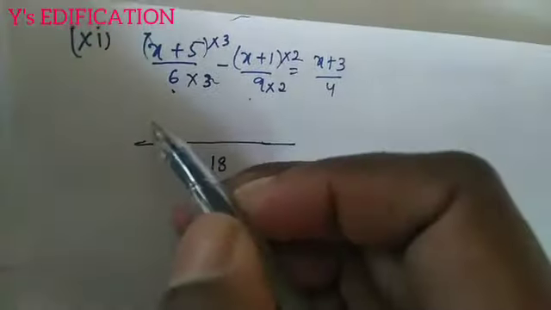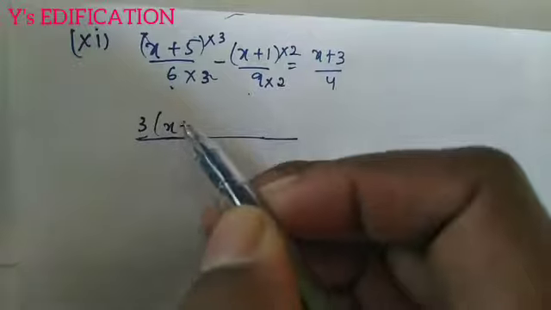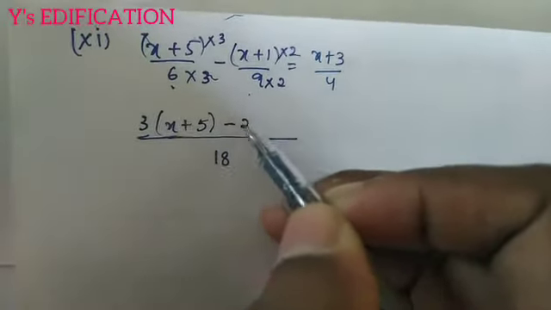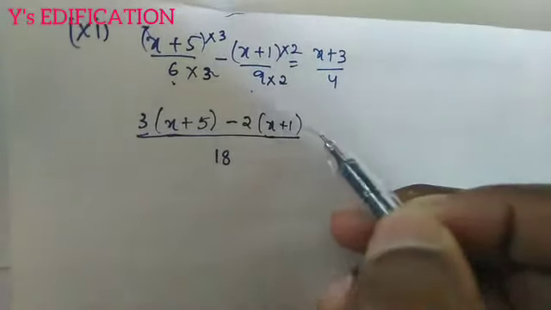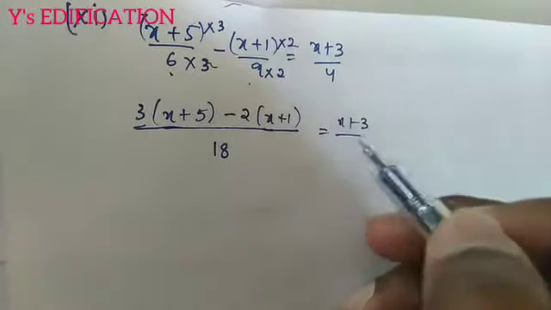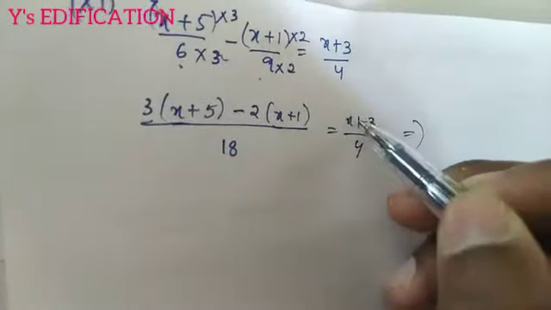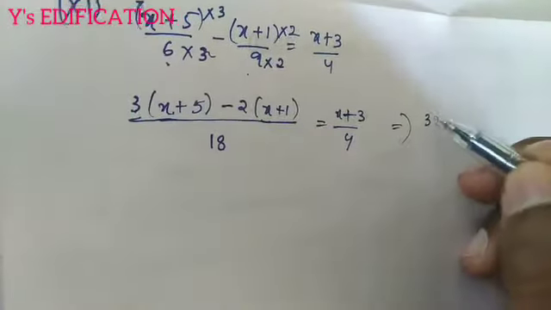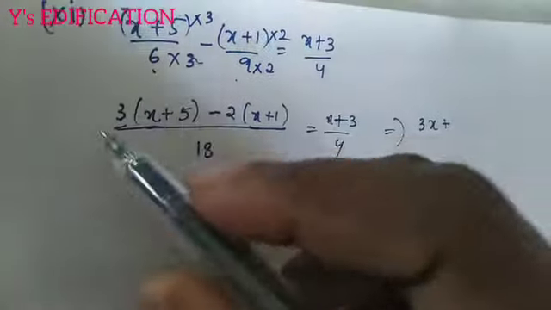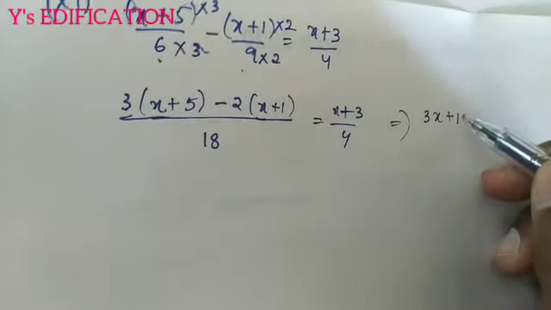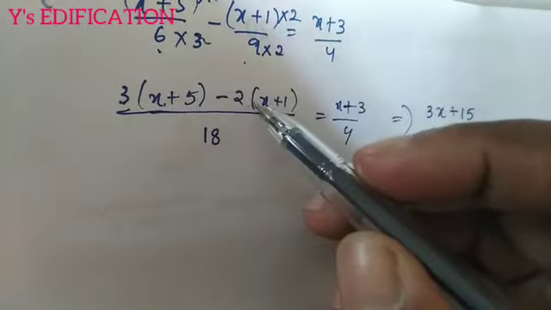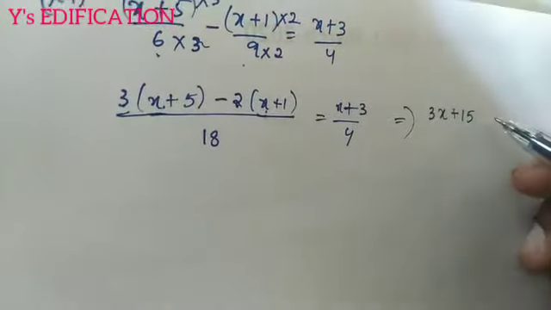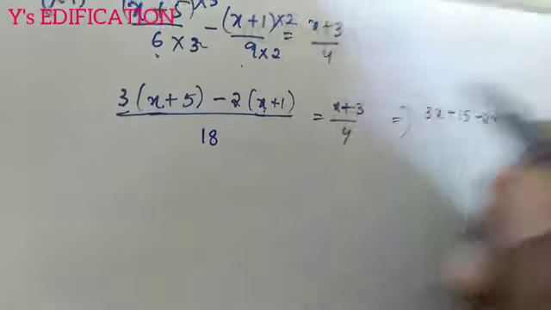Now we have to write [3(x + 5) − 2(x + 1)]/18 = (x + 3)/4. Okay. So what will it become? 3 into x is 3x plus 3 into 5 is 15. Next, minus 2 into x is −2x.